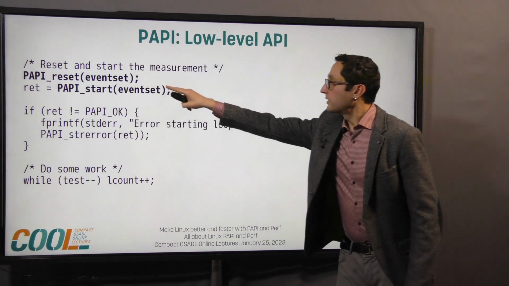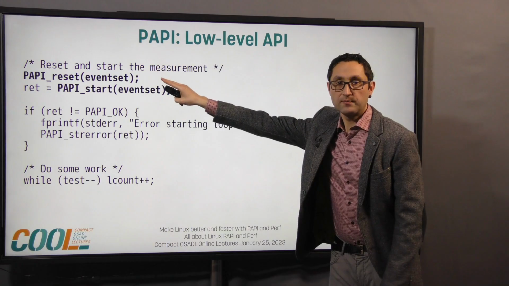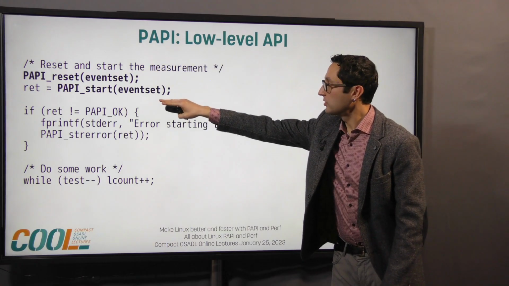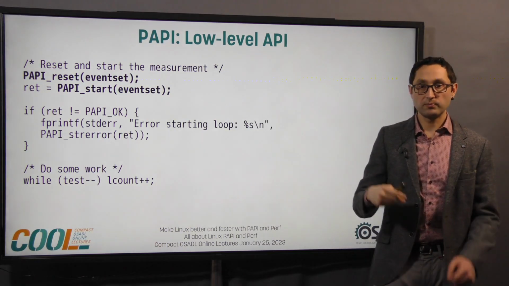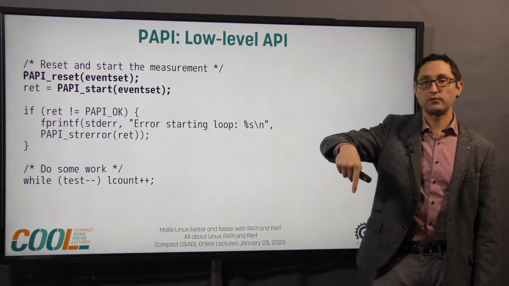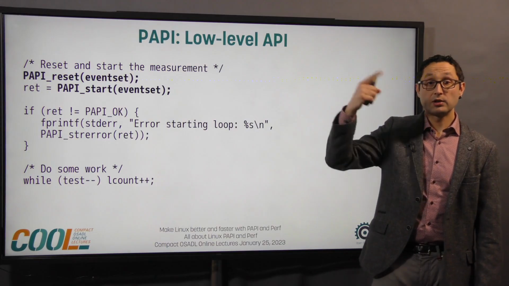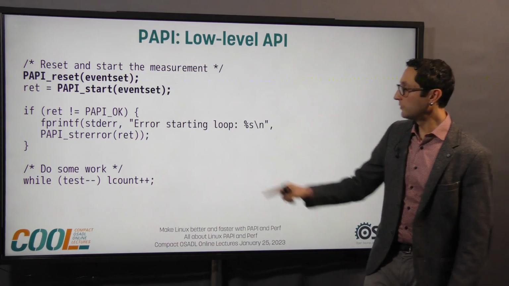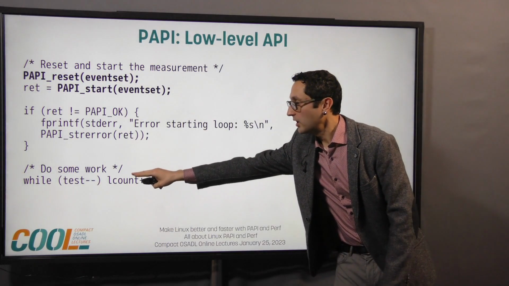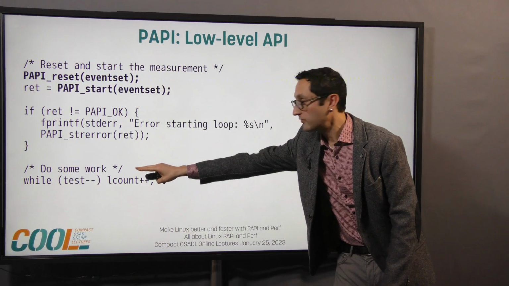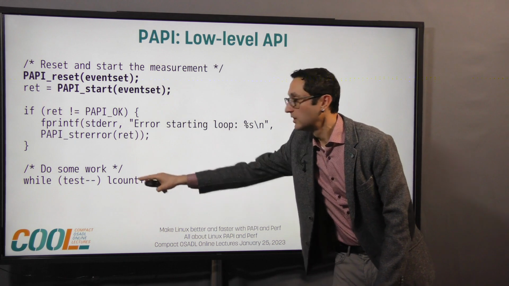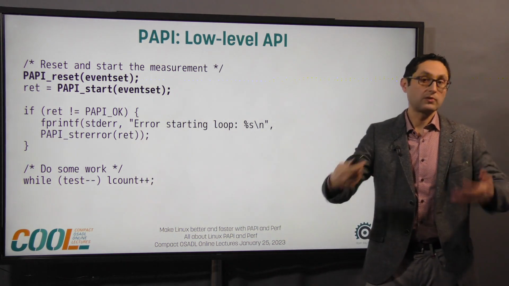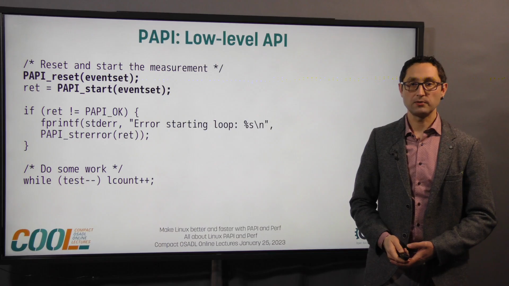We make sure that we reset counting, and at any given point in the code, we can start counting. This would be like hitting enter with the perf start command. Now we start counting and do some work. We just have a loop with a predefined number of iterations, 1 million in our case, and we just increment this counter right here to simulate some load on the system.